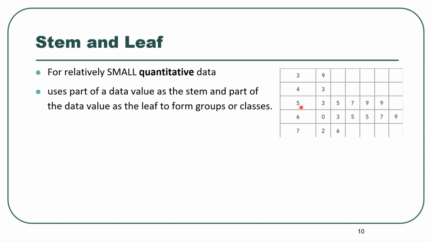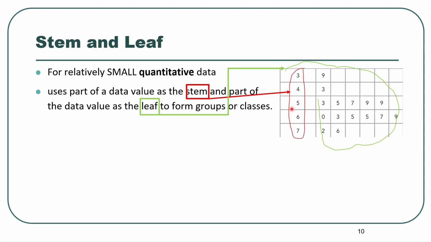But in between, if you have a stem like 4 with nothing beside it, you leave it as it is with no values beside it. So these are my stems. This is the most left part of my number, which is the tens, and all of these are my leaves.